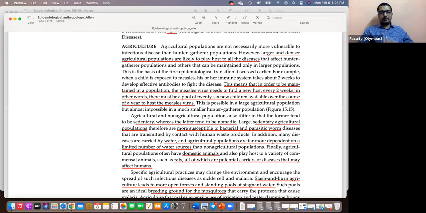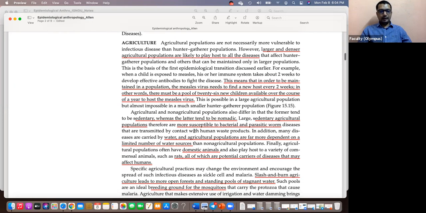People working in various industries, software and others, tend to spend time sitting. But otherwise, compared to hunter-gatherers, agricultural people had a more sedentary lifestyle. That is what they're talking about here. Agricultural and non-agricultural populations also differ in that agricultural populations are more sedentary, whereas hunter-gatherer populations are more nomadic.